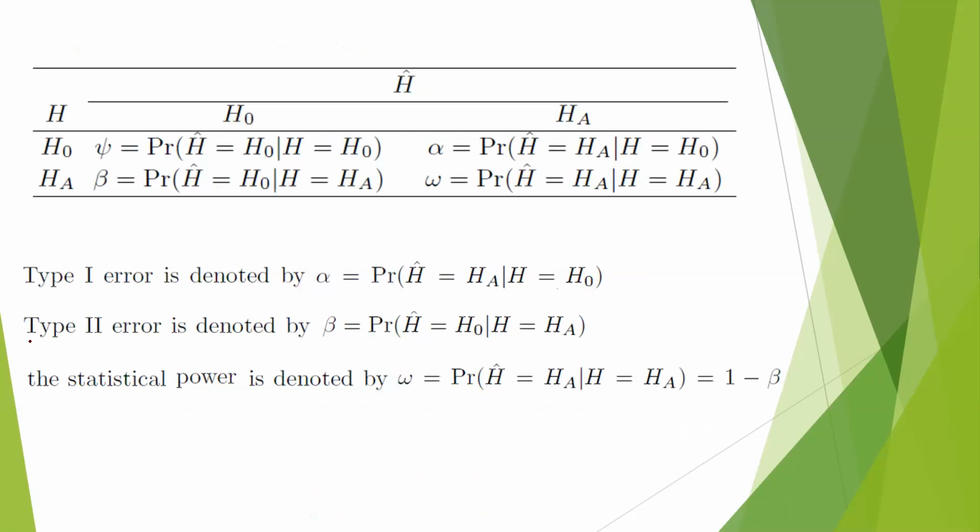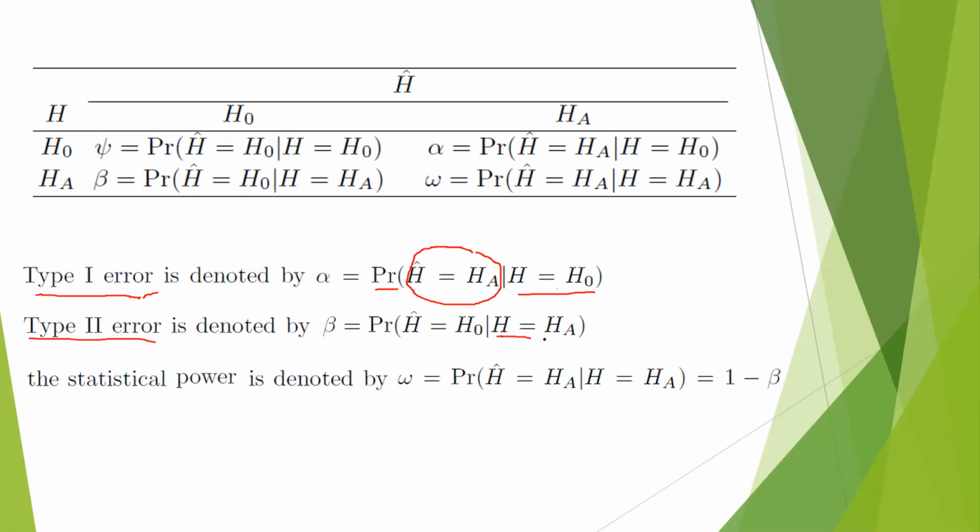Okay, so actually we can treat type 1 and type 2 errors as probabilities. Type 1 error is the probability that, given the null hypothesis is true, you are going to commit a wrong call in this situation. But type 2 error is another probability.